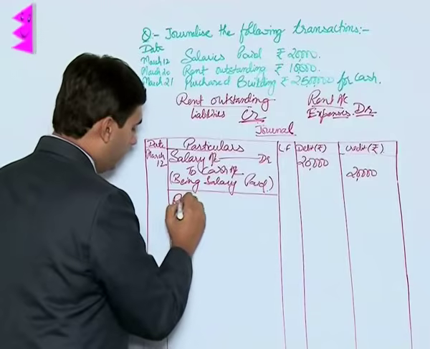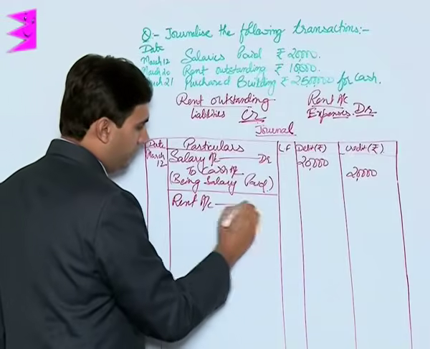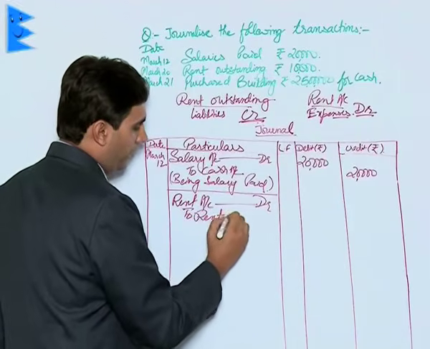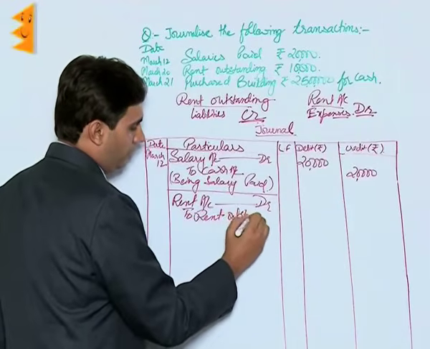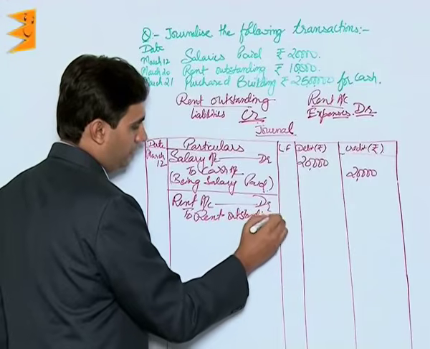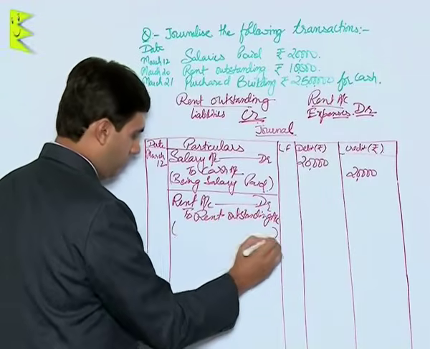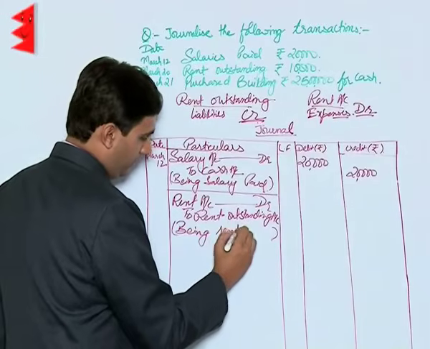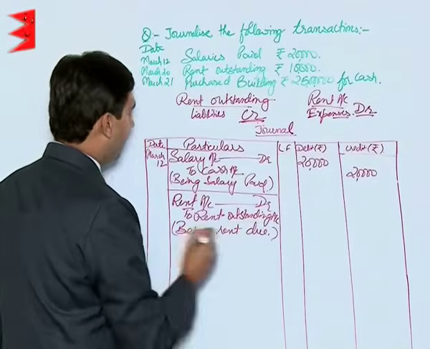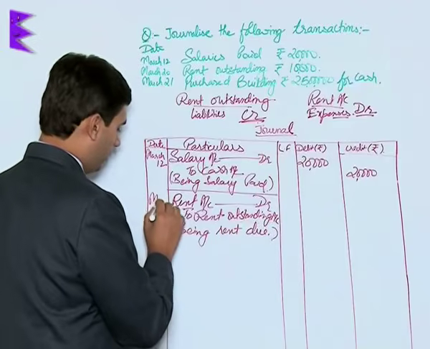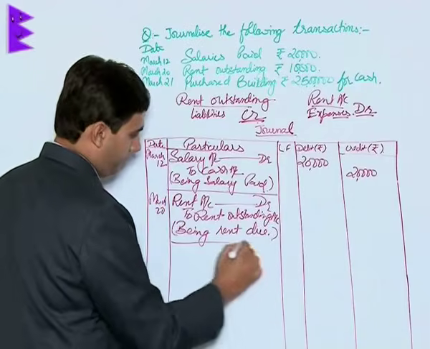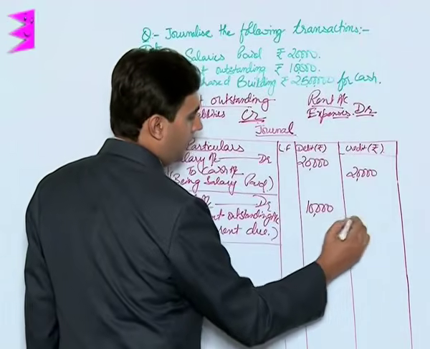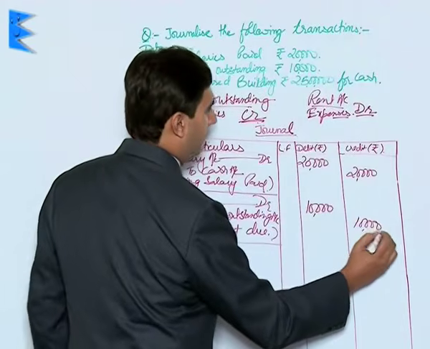So the entry would be rent account debited to rent outstanding account. Narration being rent due. Date would be March 20th and the amounts are 10,000 in debit and credit.